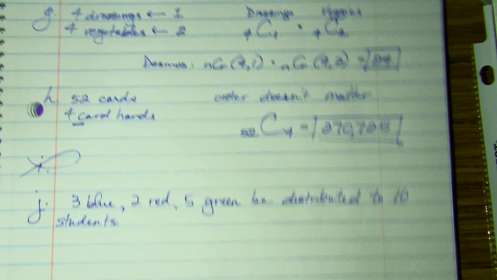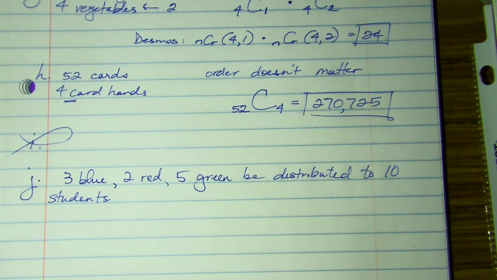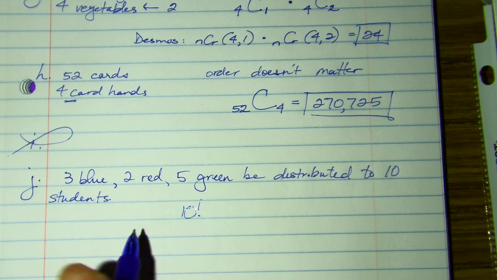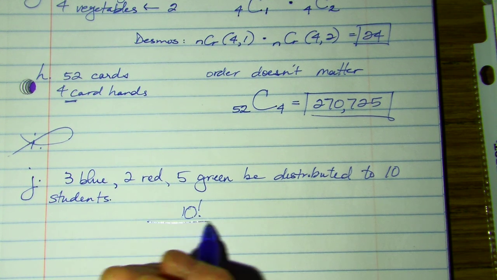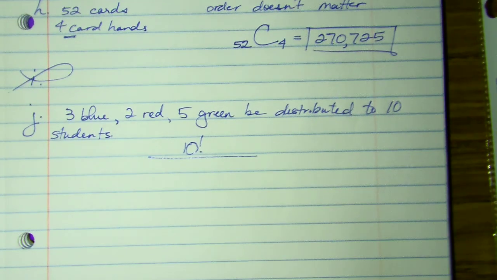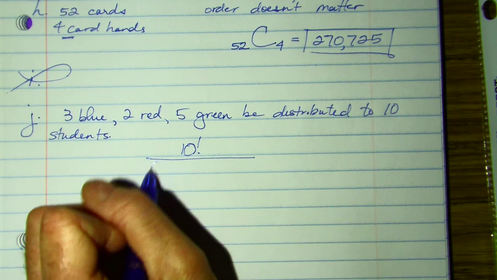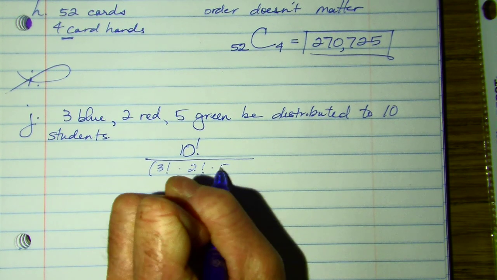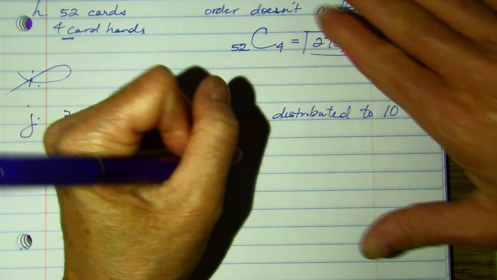Now this one is hard, okay? I have 10 students. Think of this as like the Navarrete and Arroyo problem. I have 3 blue markers. They're probably all the same. So 3 blue times 2 red times 5 green.